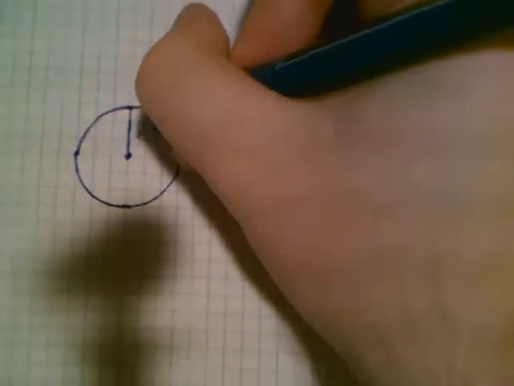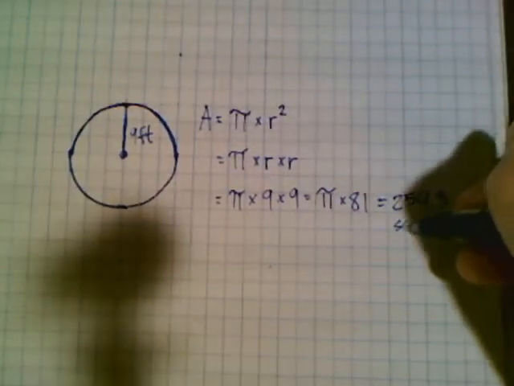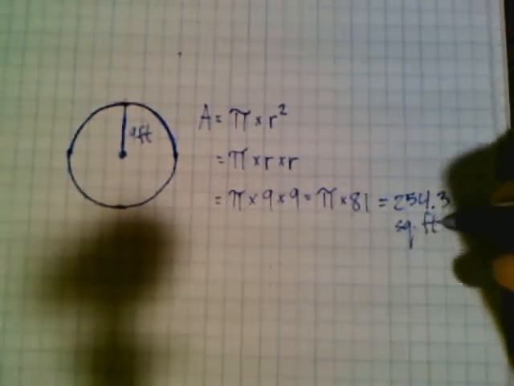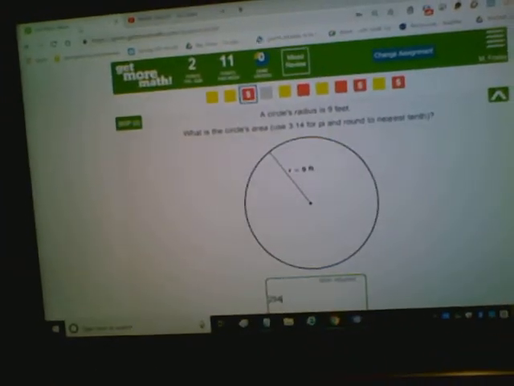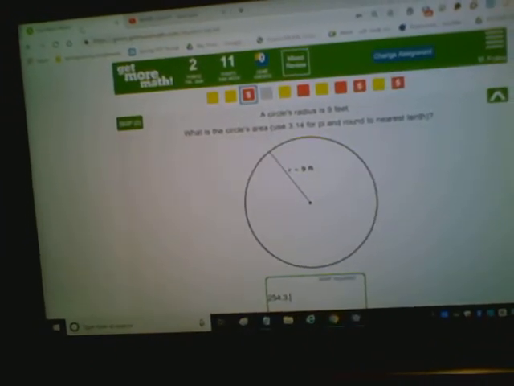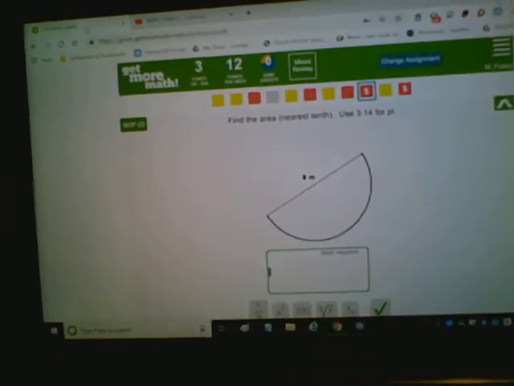So this was 9 feet earlier, so square feet. That's my number. Go in here, punch it in. And there you go.